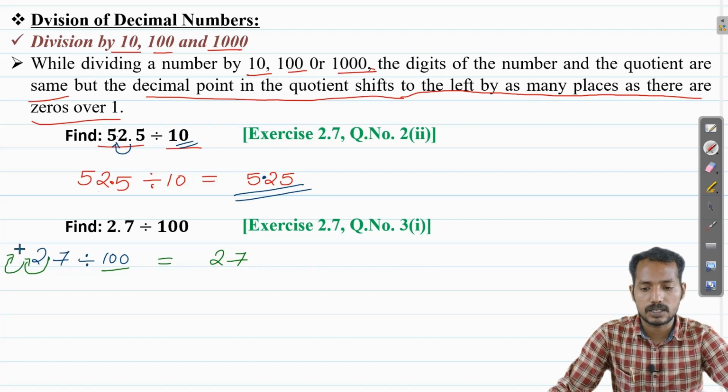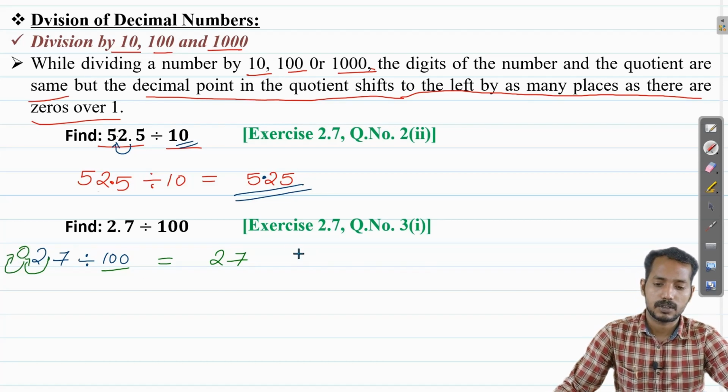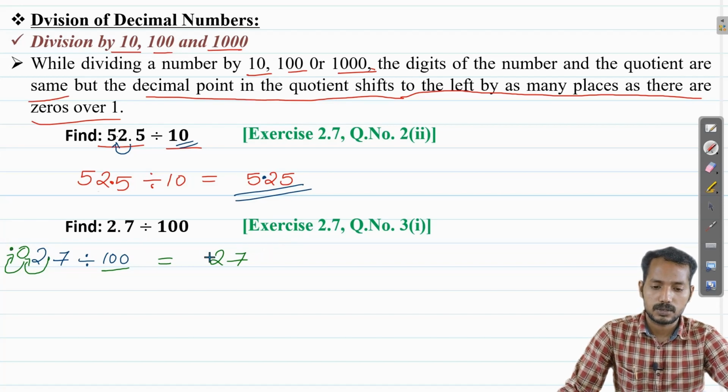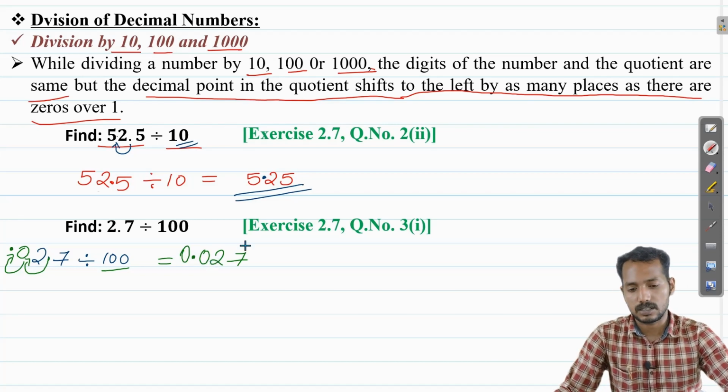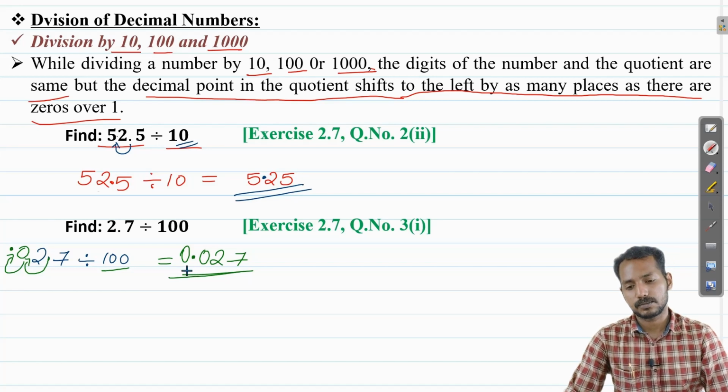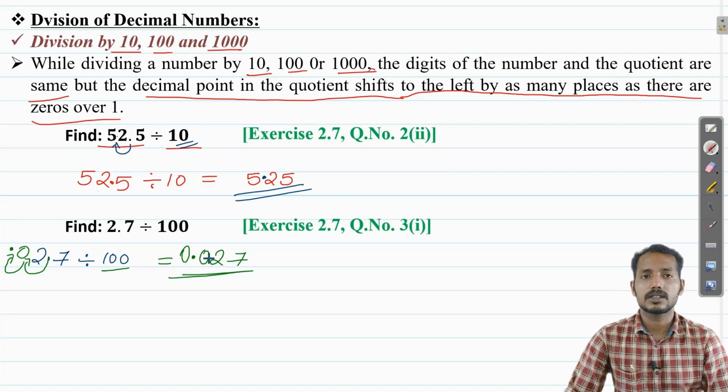So here no digits, so keep 1 0 here. Clear? The decimal point will be here. So answer will be 0 here and decimal point here. After decimal point, it is better to keep one more 0 to understand there is a decimal point. So 0.027. Clear? Very simple.